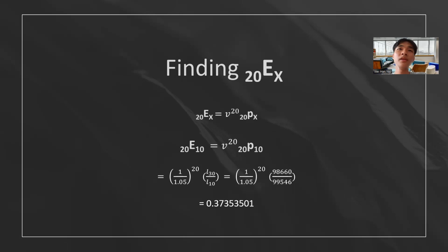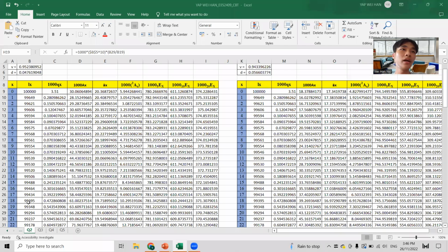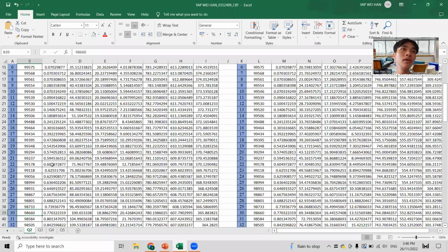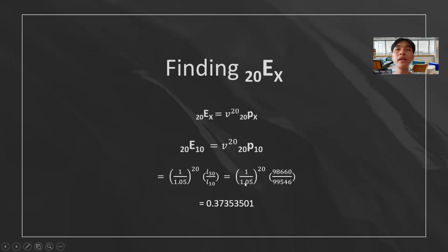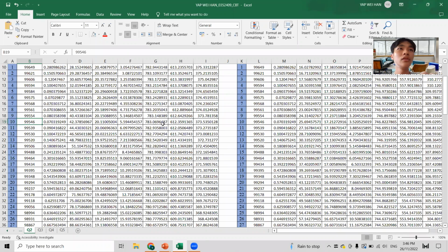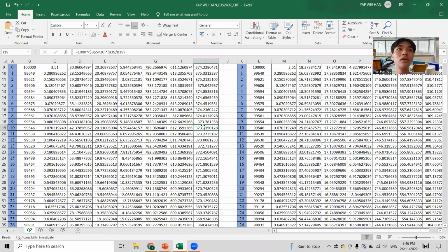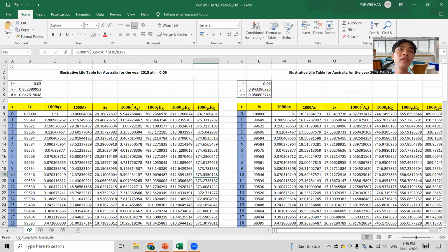Our formula is 1 over 1.05 to the power of 20 times l30 divided by l10. l30 is 98660, l10 is 99546. Calculate everything, you will get 0.353501. Let's verify our answer. Yep, 1000 20Ex is equal to 373.545350128. So that means I have everything correct.